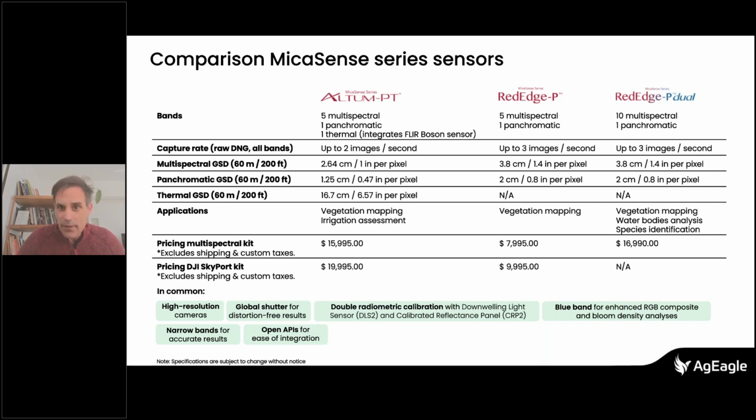Due to the detail and the bands, it should be good enough for post-disaster monitoring. Also, for fire prevention, we have seen a lot of people using our cameras, and they are using also the RedEdge-P, but certainly also the Altum-PT because of its thermal channel, right?